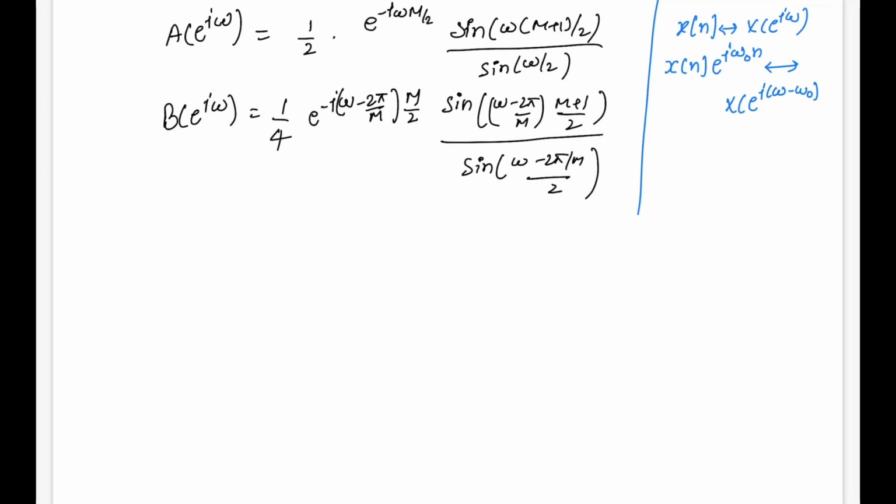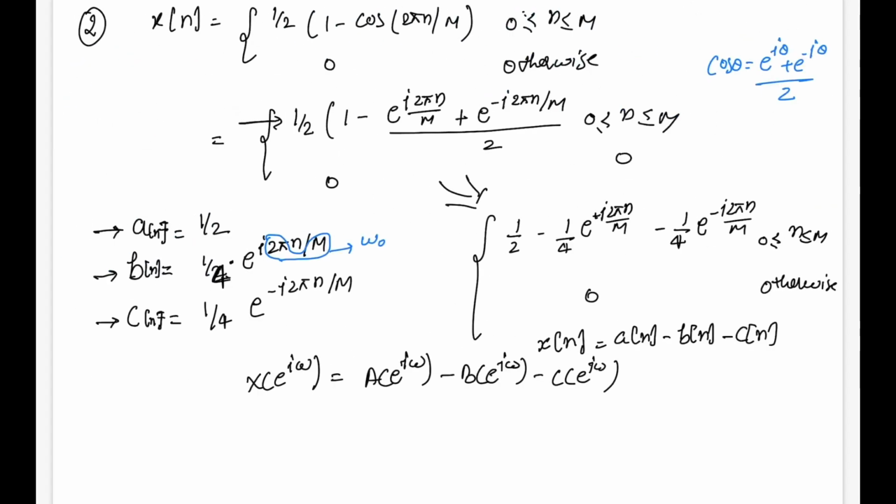Okay. Similarly, C(e^jω) will be... the only difference in B(e^jω) and C(e^jω) is the difference in omega naught.